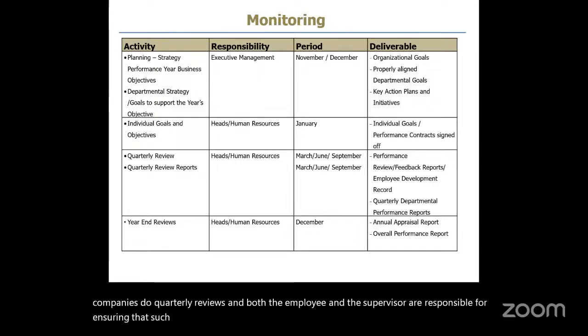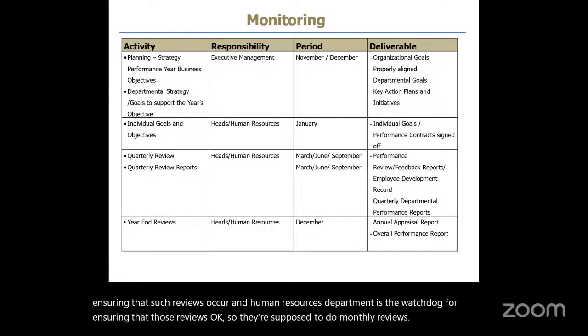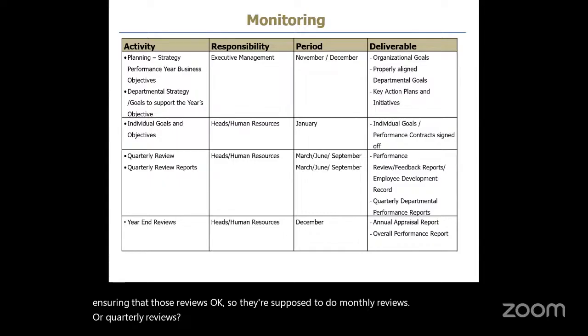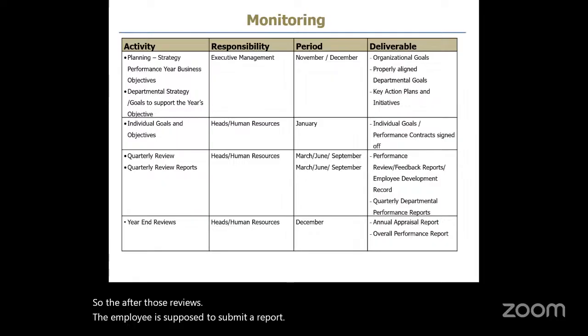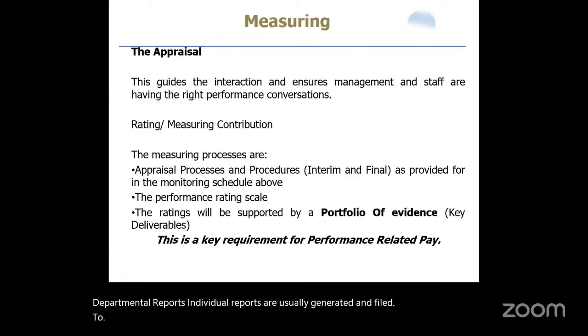The Human Resources Department is the watchdog for ensuring that those reviews occur. After those reviews, the employee is supposed to submit a report. Departmental reports and individual reports are usually generated and filed as evidence that those reviews have taken place.